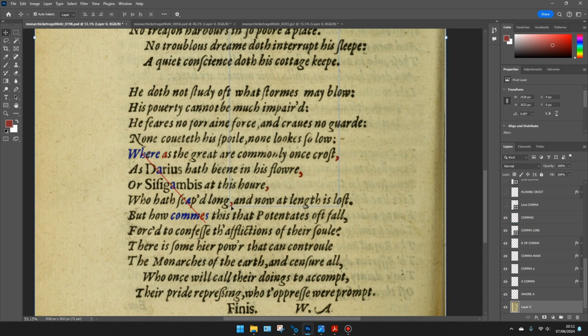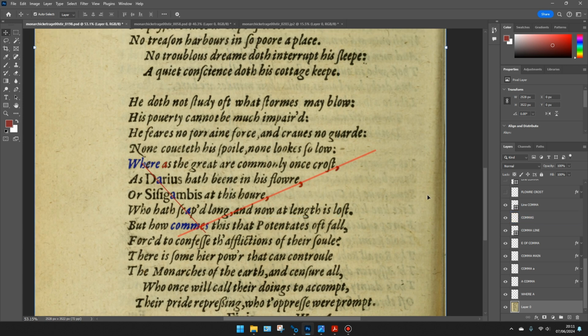Now, what we see here is a nice alignment of some commas marked in red for us. If I put a little line across here, comma, comma, comma, comma. Again, this could just be random, but let's push ahead and we'll see if we can make some sense of this.